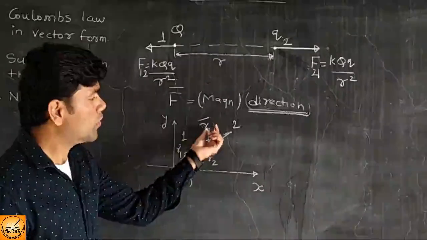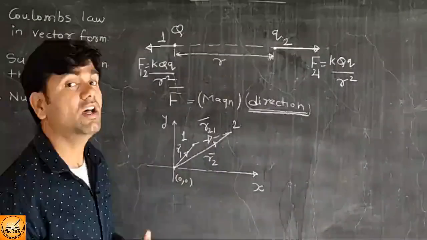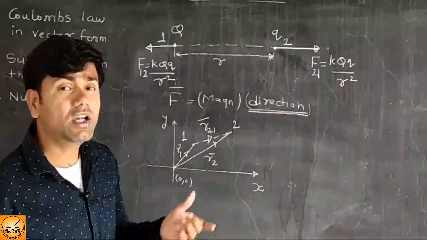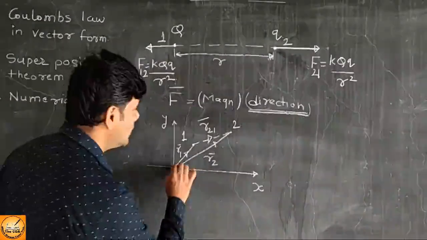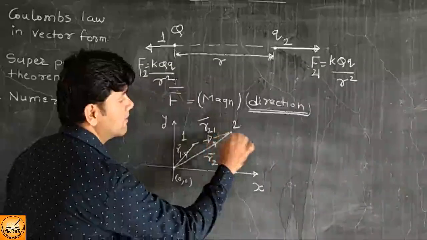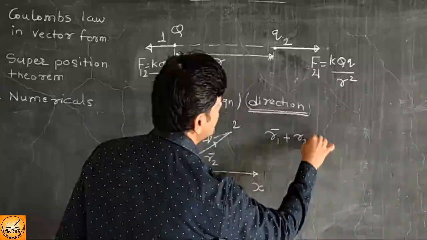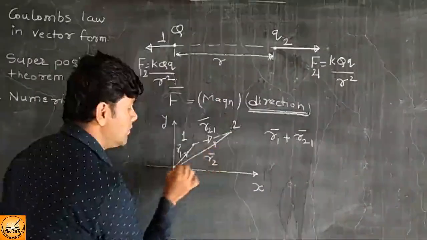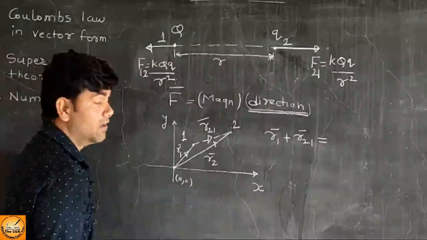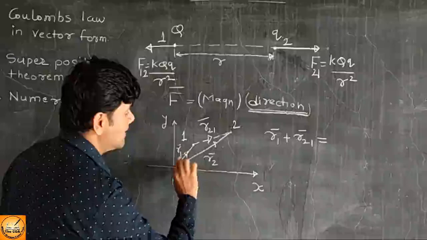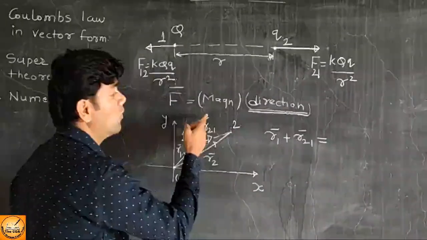Why are we writing up to 2 from 1? That is the logic we learned in vectors, in the triangle law. If there is a triangle and two vectors are in the same direction, we can write R1 bar plus R21 bar, and their addition will be represented by the third side of that triangle, which is in the opposite sense. These are almost clockwise, and this is anti-clockwise for them.